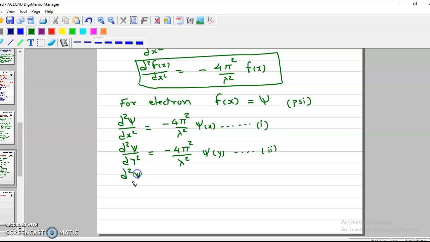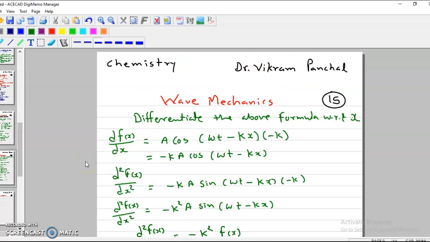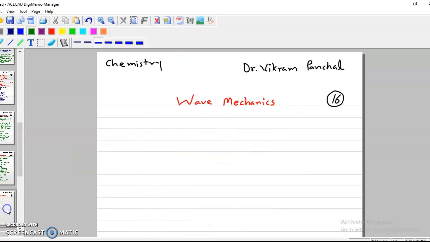Similarly, d squared psi upon dz squared, if the electron is going in the z direction, is equal to minus 4 pi squared upon lambda squared psi. This is equation 3. Now when we combine all these three equations, we can have a three-dimensional equation.